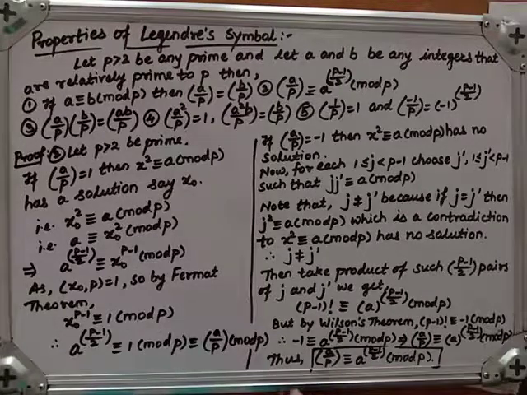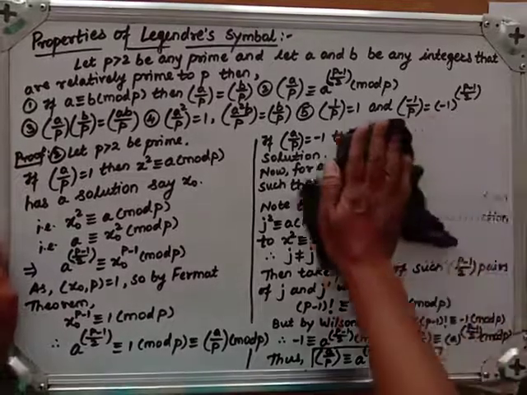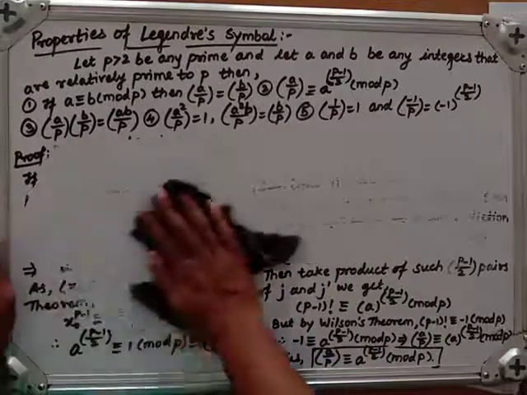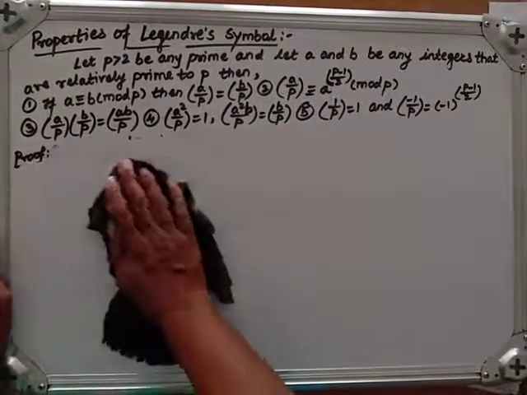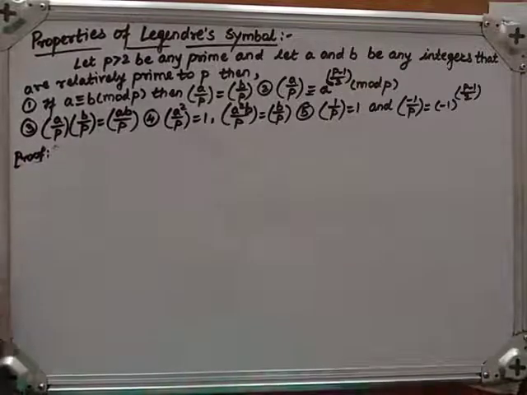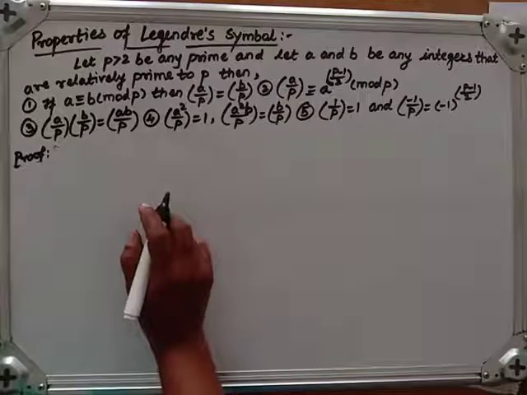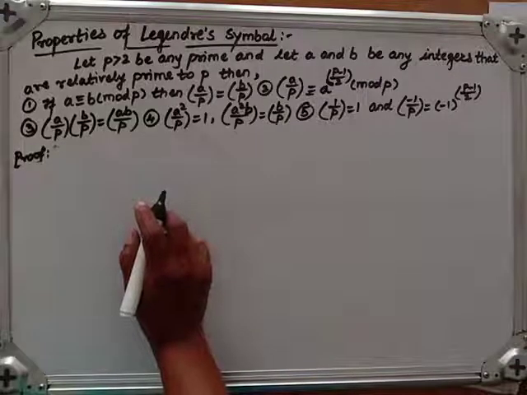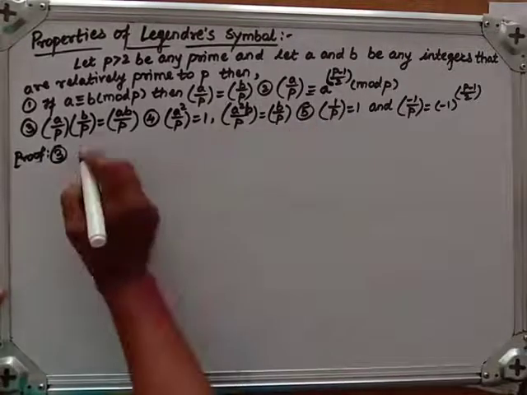Okay. Now let's go for the third property. The third property says Legendre symbol of a by p times b by p is the same as Legendre symbol of ab by p. So we are using the second property to prove it.